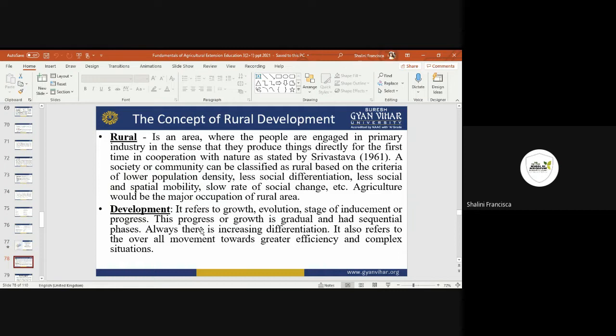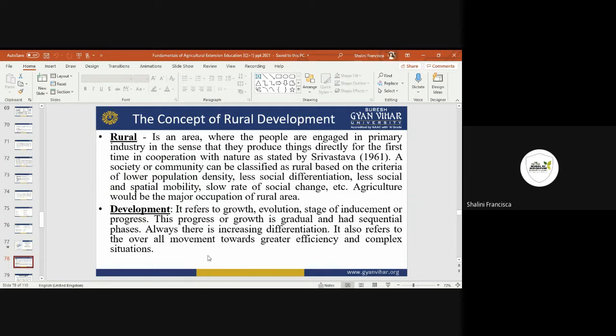Then stages of progress: we can see nowadays everybody in the village is using mobile, has access to the internet, they can have Digital India, something like that. But before, if you talk about 60 years before, it wasn't like that. Always there is increasing differentiation.